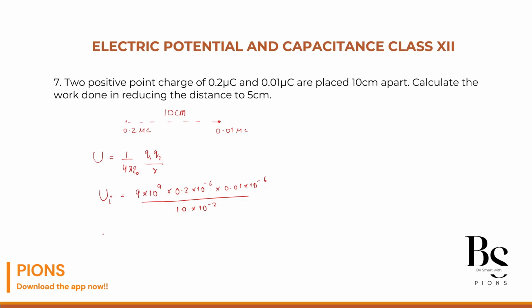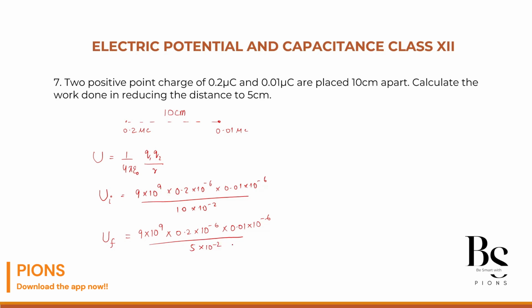Now, when you are shifting it, the new energy required will be, okay, so calculate the work done in reducing the distance. To get the work you have to subtract both. So 9 into 10 to the power 9, 0.2 into 10 to the power minus 6, 0.01 into 10 to the power minus 6 whole divided by 5 into 10 to the power minus 2.